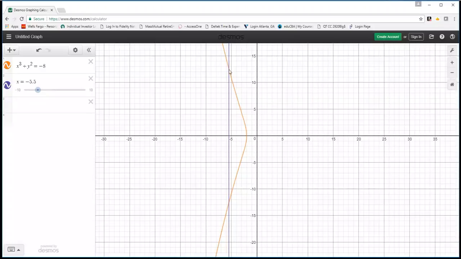So when x is negative 6, y could be up here at 14, or it could be negative 14. So for this possible value of x, there are 2 possible values of y, so that means it is not a function.